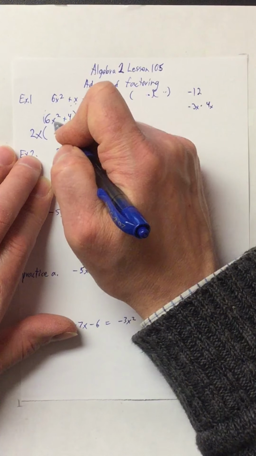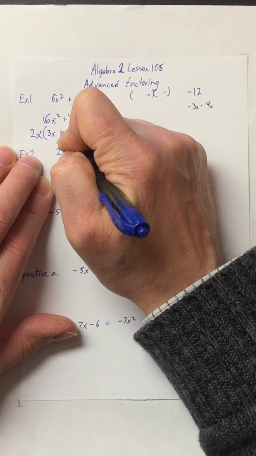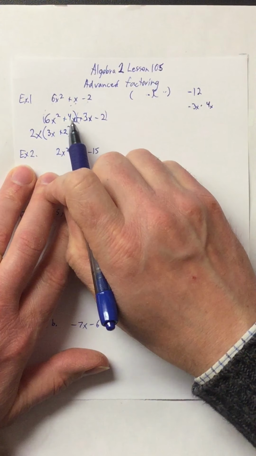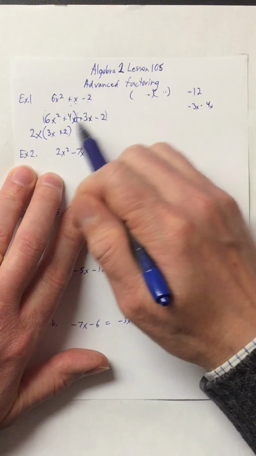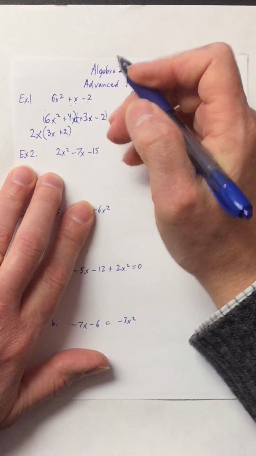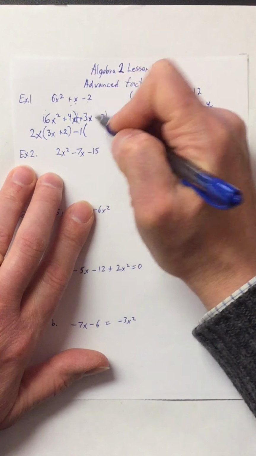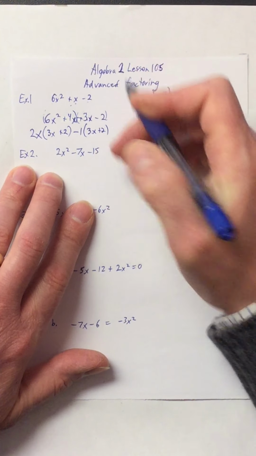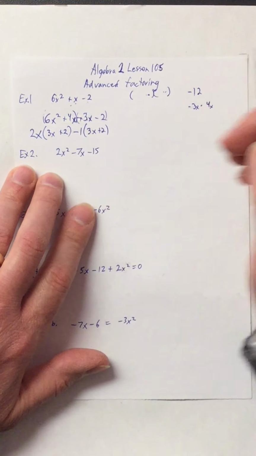So if I take a 2x out, I'm left with 3x here, and here I'm left with plus 2. And if I look at the second two, I can't really take anything out, but I take out a negative 1, to make it positive. So I'm left with 3x plus 2, and a heads up on why to do that is because that would line up really well with that.